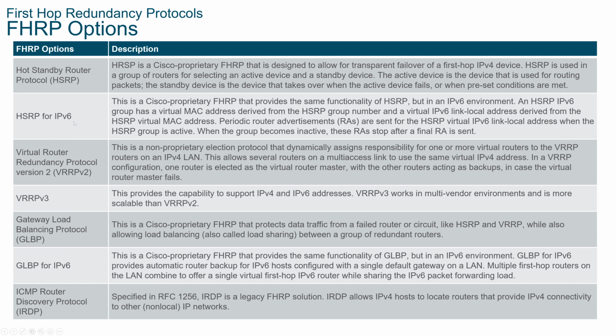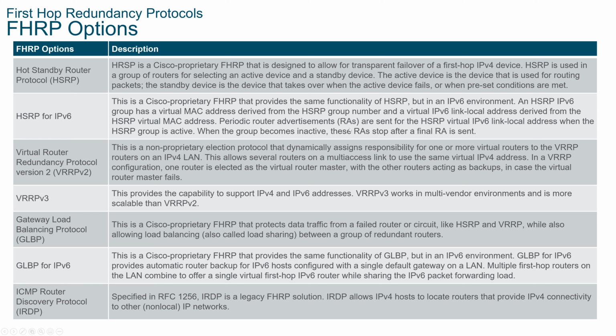HSRP for IPv6. This is also a Cisco proprietary FHRP that provides the same functionality as HSRP but in the IPv6 environment. An HSRP IPv6 group has a virtual MAC address derived from the HSRP group number and a virtual IPv6 link local address, or LLA, derived from the HSRP virtual MAC address.